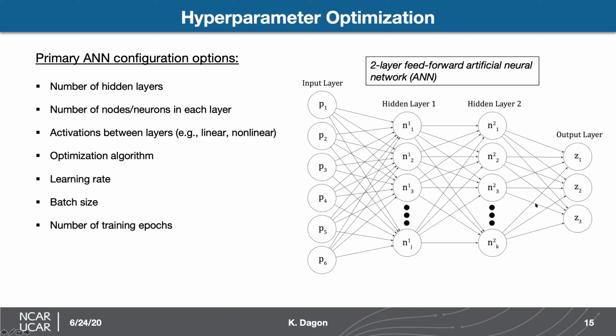But then there are all these other hyperparameters that are set by the user, and I've listed some here that I considered. I don't think this is an exhaustive list for artificial neural networks, but they were the primary ones that I considered. I'm going to go through each of these somewhat briefly, and there's going to be a lot of text on the next slide, but it'll all be there for your reference if you want to go back and look at these slides.